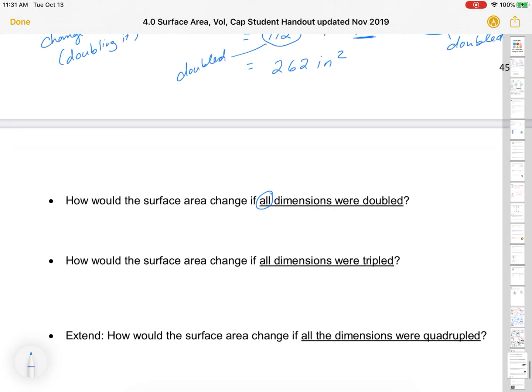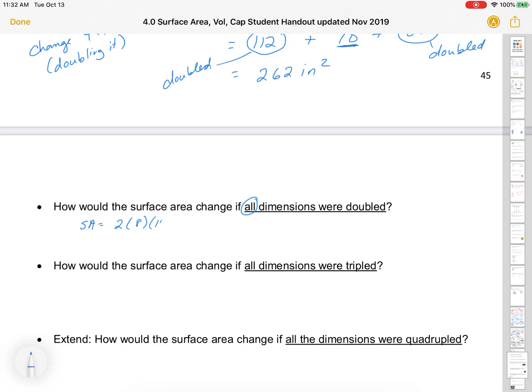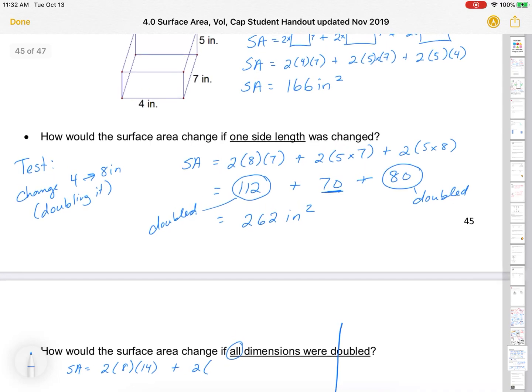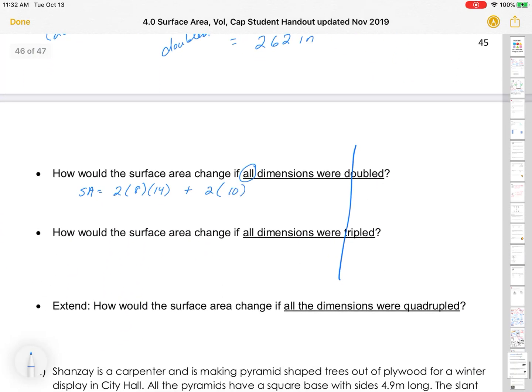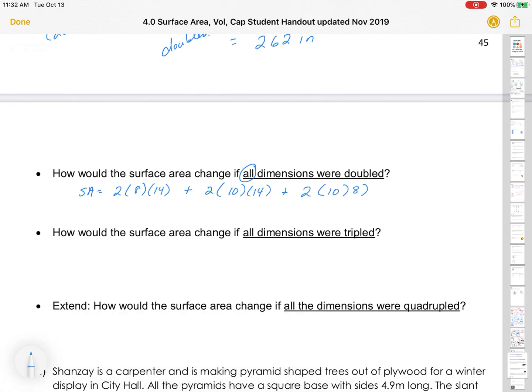How would it change if all dimensions were doubled? Well, that's going to have quite an impact, right? So let's take a look. If I take my original value, I'm going to double everything, right? So it's 2 times 8 times 14 plus 2 times 10 times 14 plus 2 times 10 times 8.